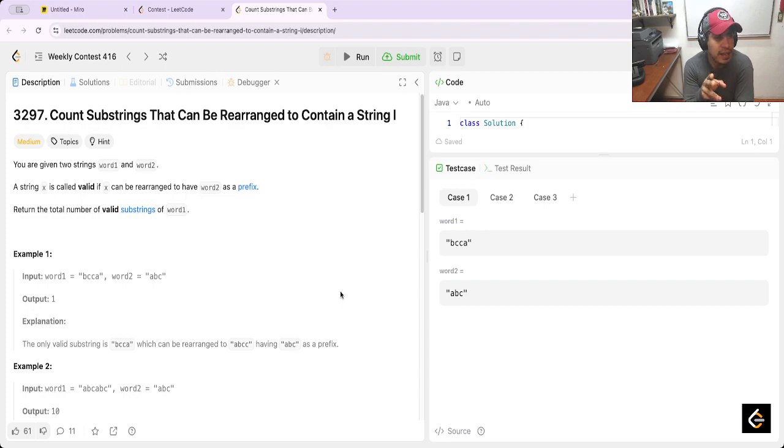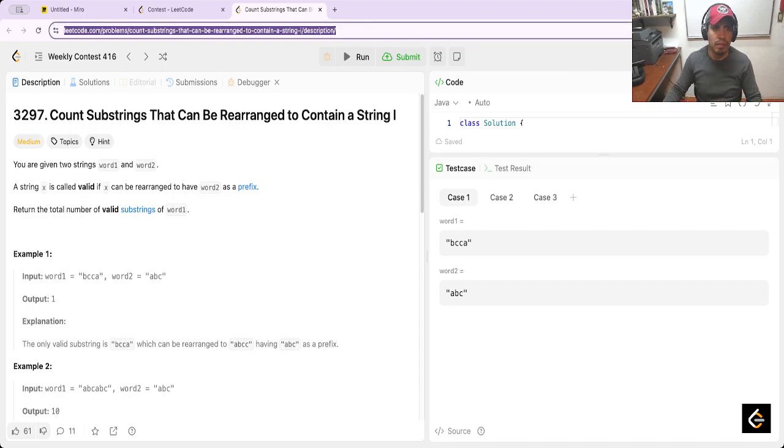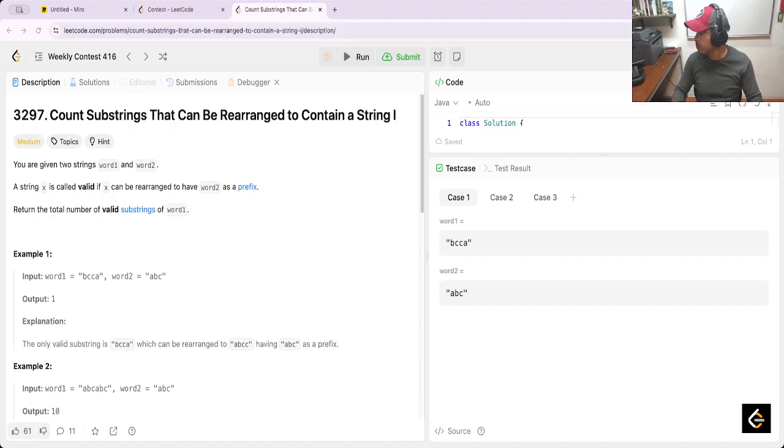Here basically, this is the problem. Count substrings that can be rearranged to contain a string.